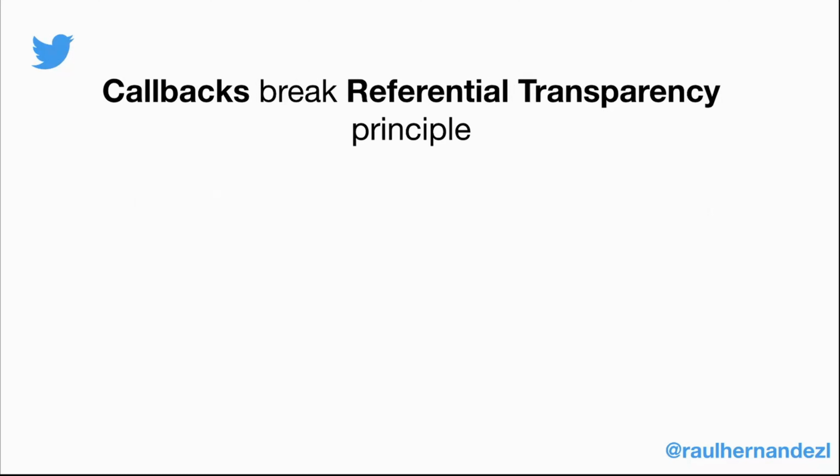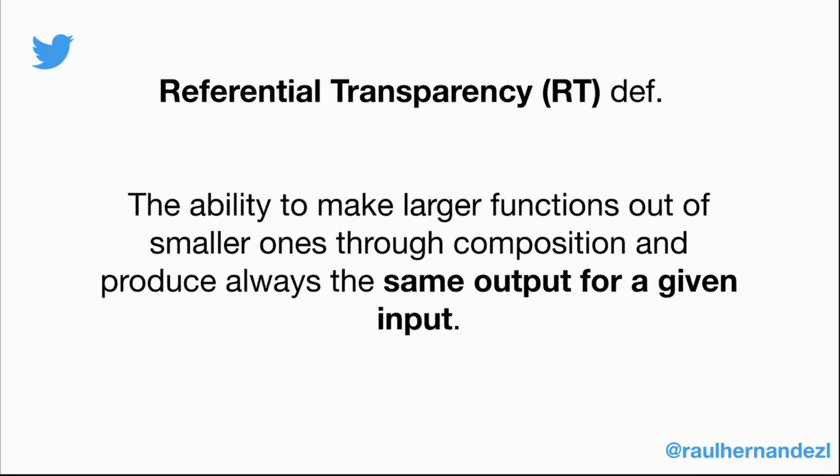So basically, callbacks break the referential transparency principle that is very interesting and comes from the functional programming world. Basically, it means the ability to make larger functions out of smaller ones through composition and produce always the same output for a given input.